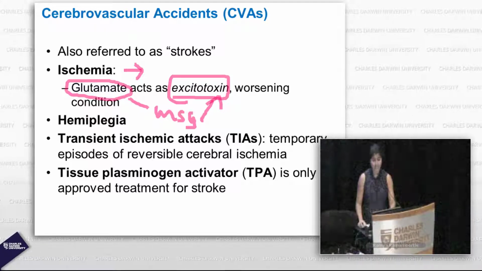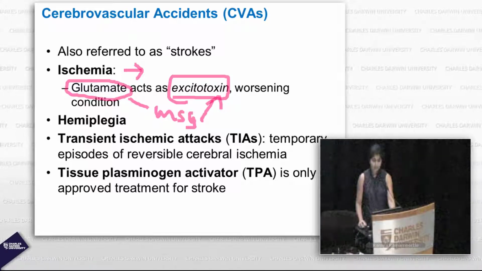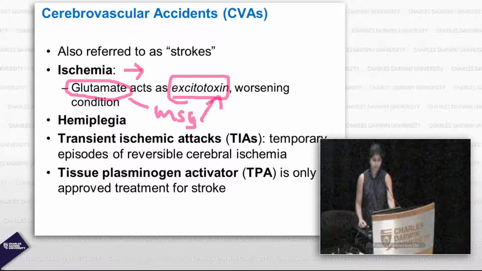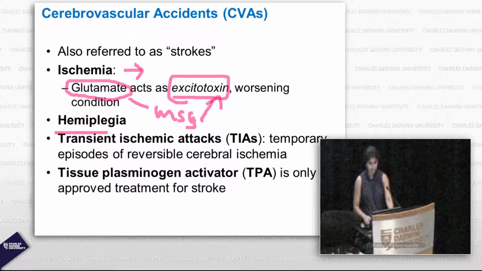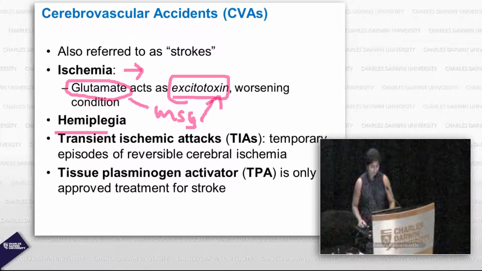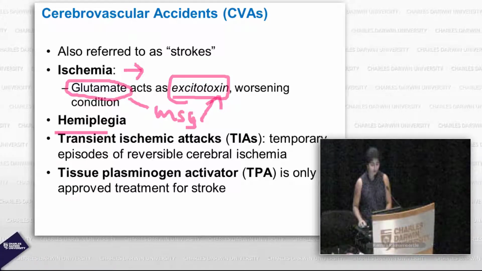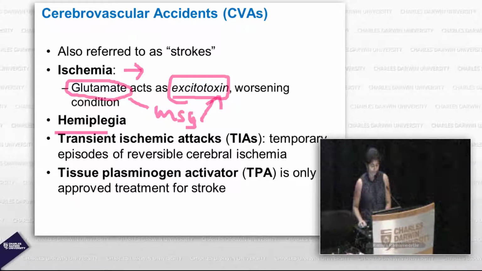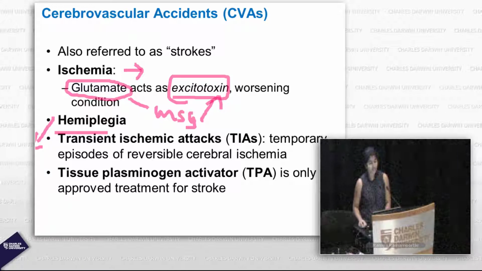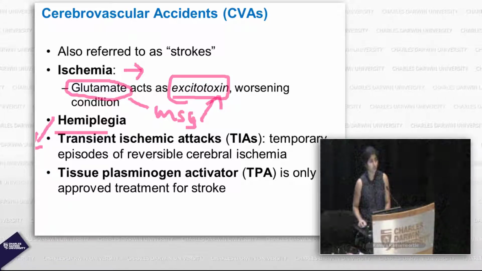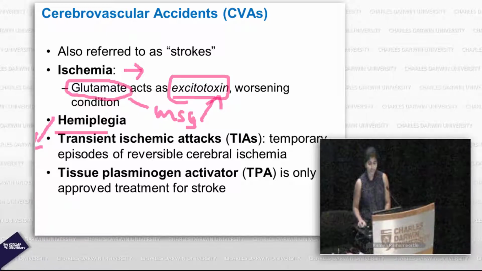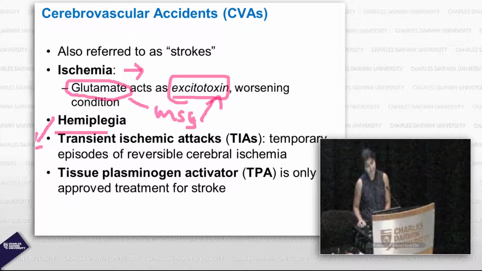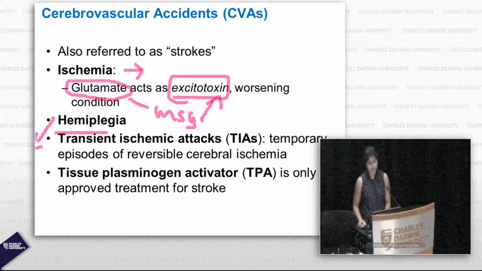So this next condition is hemiplegia. So hemiplegia, this is paralysis on just one side of the body. Okay. So what happens when there is paralysis on one side? There may be some speech deficits happening as well, normal paralytic conditions. Then we enter into a different condition called transient ischemic attack, where this is reversible cerebral ischemic condition.